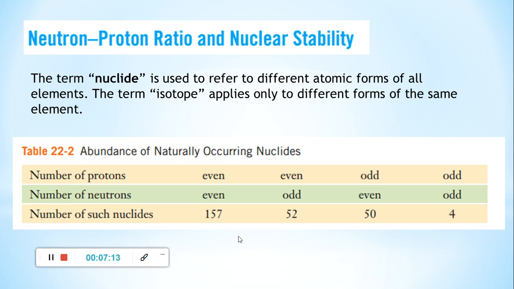With an even-even proton-neutron combination, we have 157 nuclides, while odd-even, we have 52, and even-odd, we have 50. The last one, odd-odd, we have 4.